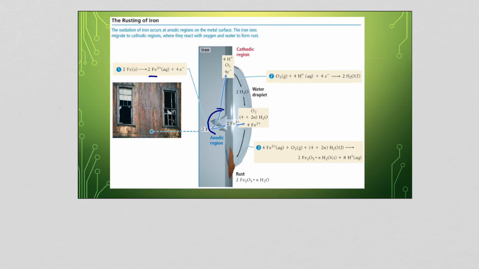As these electrons are being produced, the electrons are going to flow right here, through the metal. And once they reach the edges of this drop, someplace where they're exposed to oxygen, then we get the reduction of oxygen, again producing water here.